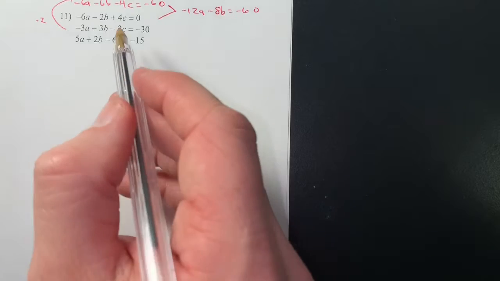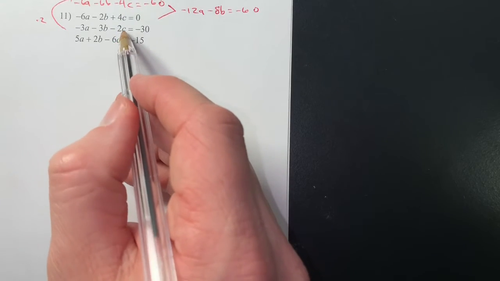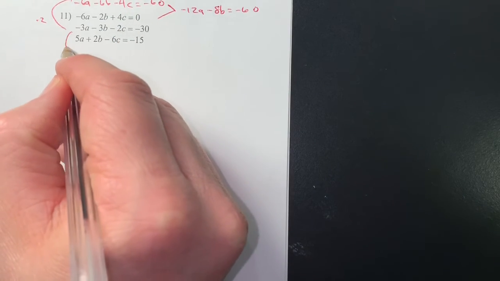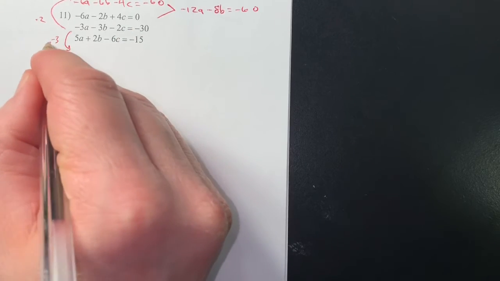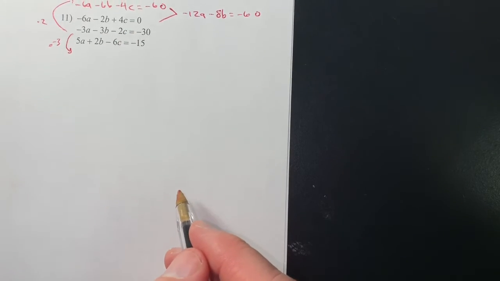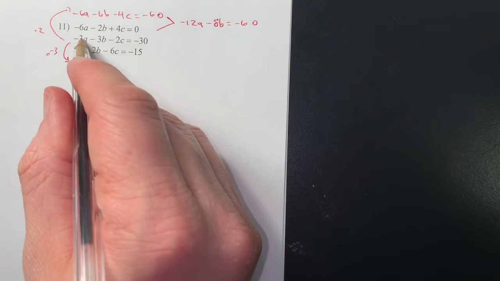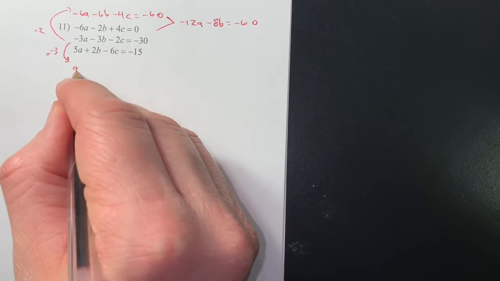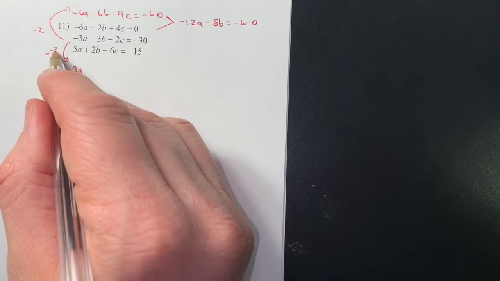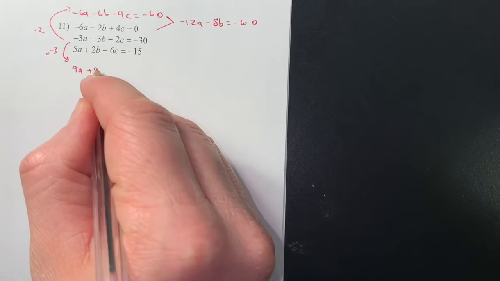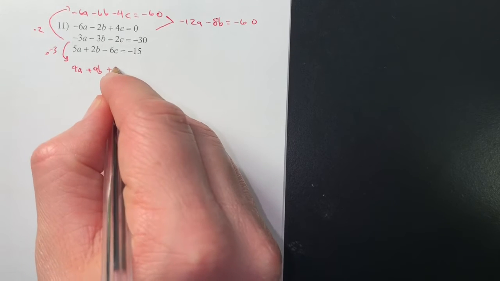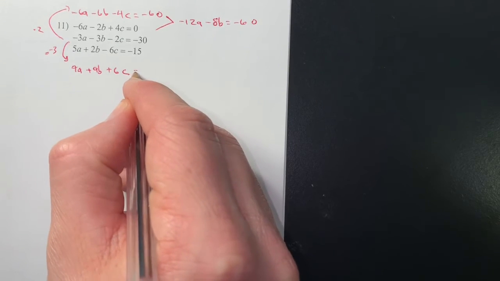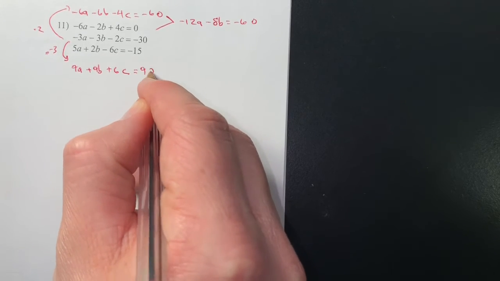Okay, then I need to eliminate c's again in these bottom two equations, so I'm going to multiply that middle equation by negative 3. Okay, so I get negative 3 times negative 3, that's 9a plus 9b, then plus 6c equals 90.